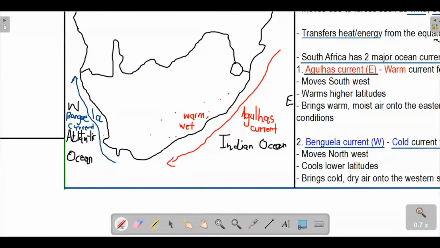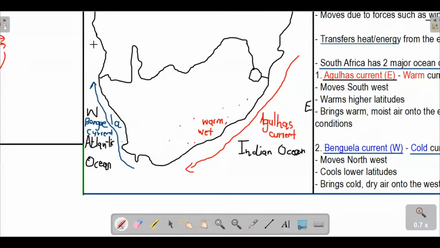So this brings cold conditions towards lower latitudes from higher latitudes, which means it regulates the temperatures of the lower latitudes. On the western side, it makes the western side cold. It brings cold and dry conditions.